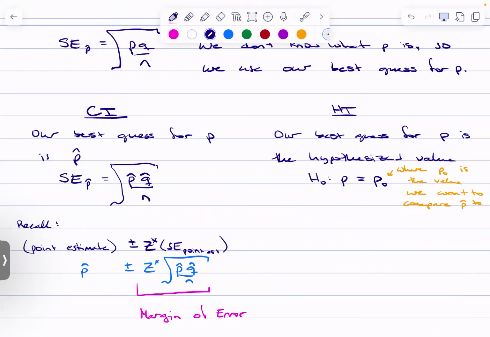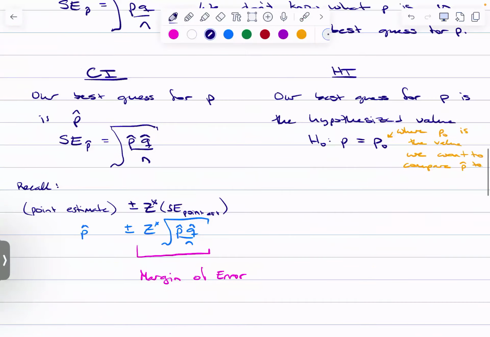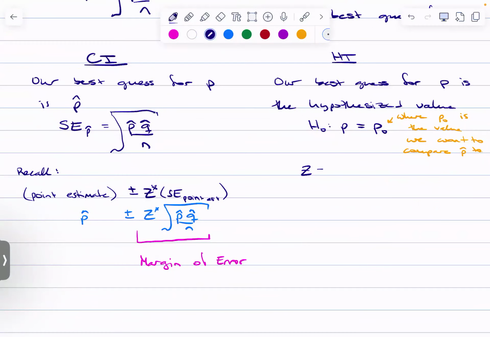Now Z, in general, we've seen Z like this: Z is x minus mu over sigma. But in general, Z, we're going to be able to calculate as a point estimate, how far is it from the hypothesized value, and then taking into account the spread, the standard error.